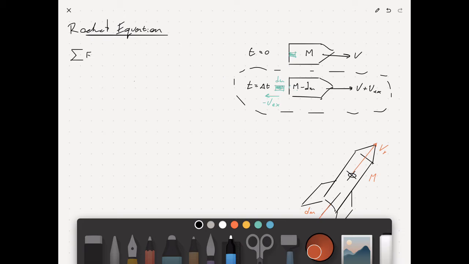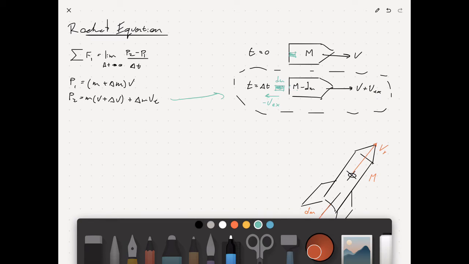So to start the proof, the first thing we're going to look at is Newton's second law as it applies to momentum. So the sum of the forces equals the limit as delta t approaches 0 of final momentum minus initial momentum over delta t. And we're going to define initial momentum as m plus delta m times v, and final momentum as m times v plus delta v plus delta m times v exhaust.